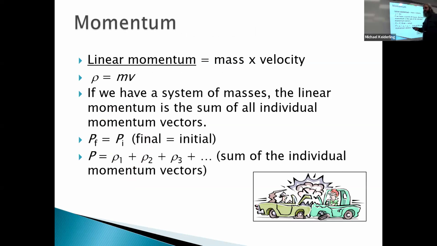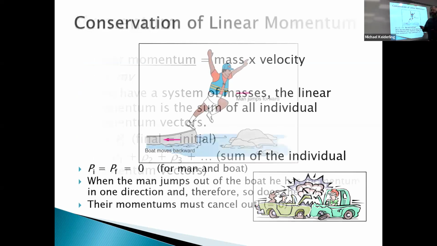So that was linear momentum, mass times velocity. Now we'll do some problems with the interaction with conservation of momentum. So momentum is mass times velocity, and the general idea for conservation of momentum is that final momentum equals initial momentum.